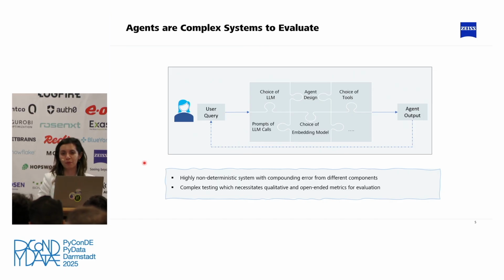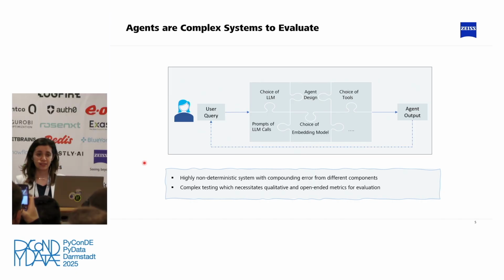In this single example, there is the choice of different LLMs, the hyperparameters of LLMs, the prompts to LLM calls, the agent design itself, and the different tools, whether it makes sense to add a tool or not. And there's a choice of embedding models specifically for RAG. So on and so forth, many design choices. How do we want to go about it?